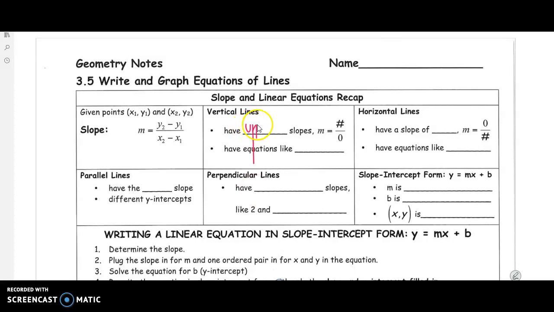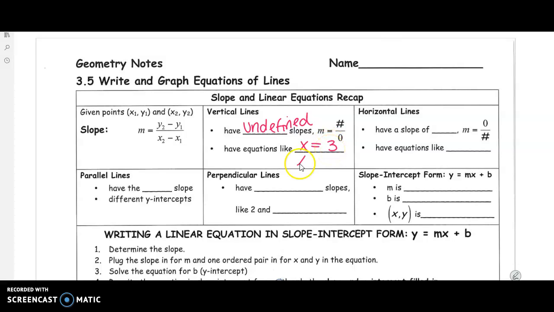Undefined slopes have equations like x equals a number, x equals 3.